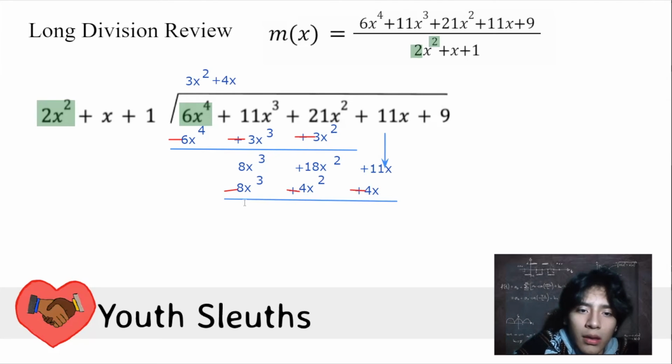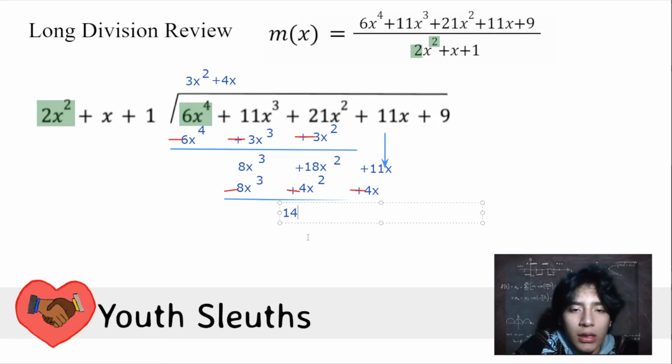That leaves us with x cubed minus x cubed, which is just 0. And 18x squared minus 4x squared is 14x squared. And 11x minus 4x is 7x.